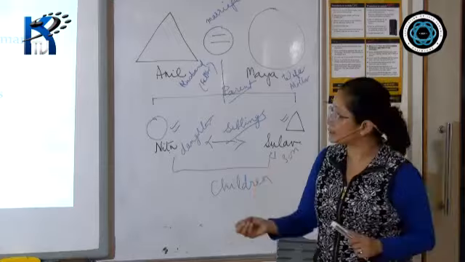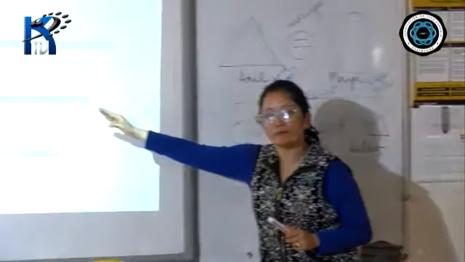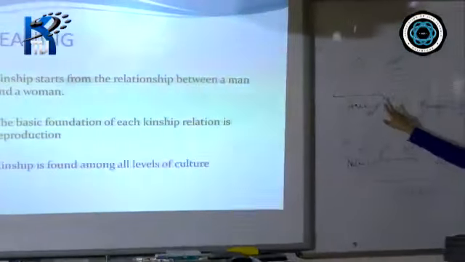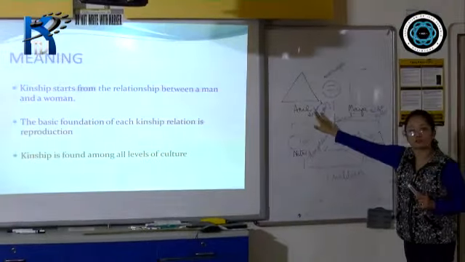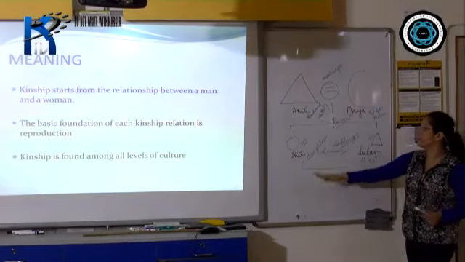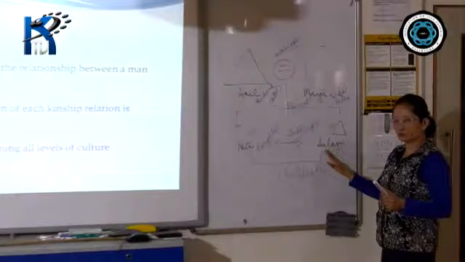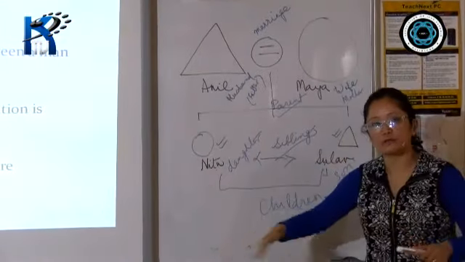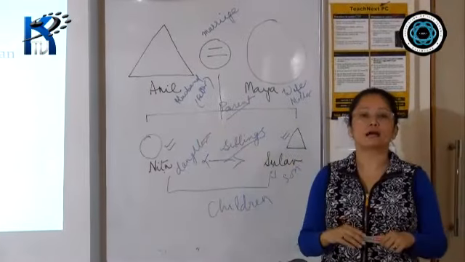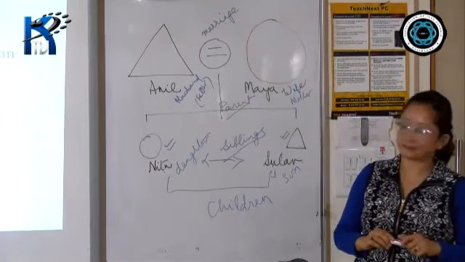And it all starts, like I said, the basic foundation of each kinship relation is reproduction, which starts from the relationship between a man and a woman. And it keeps on spreading, because if Neeta gets married, or Sulabh gets married, they have children, the family will keep multiplying, and this web will also start increasing in size.